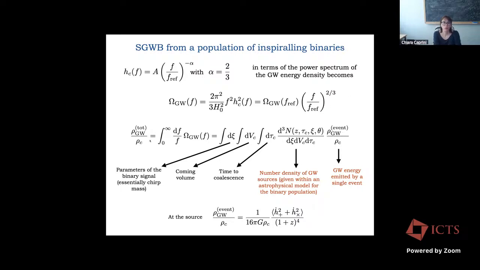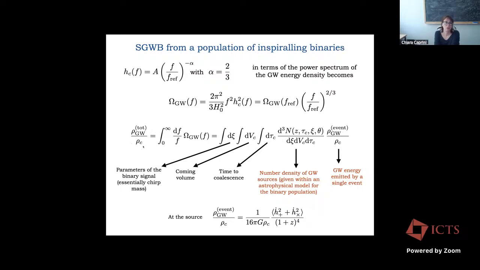Of course, this particular quantity, if you integrate it over frequency, gives you the total gravitational wave energy density coming from the superposition of the gravitational wave emission by all supermassive black hole binaries in the universe, normalized to the critical energy density.